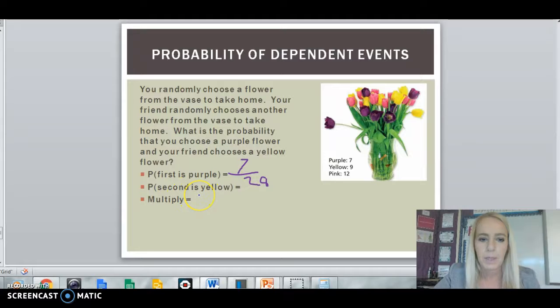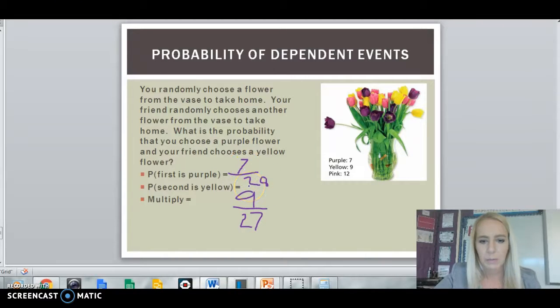Now the probability of the second event is picking a yellow. Well, there's 9 yellow. But because of the first event, I already pulled a flower, there's one less flower in the vase. So therefore, it's 9 out of 27. And then I'm going to multiply these two fractions together.